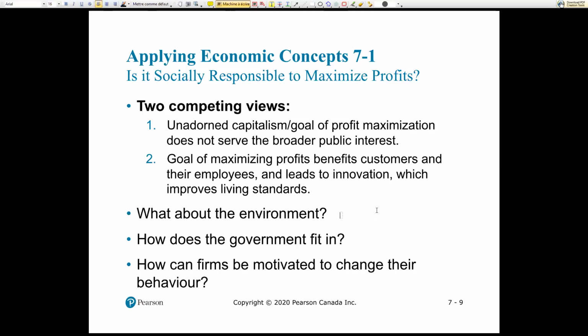What about the environment? Well, what I could say is this. There's a difference between private costs and benefits and social costs and benefits.